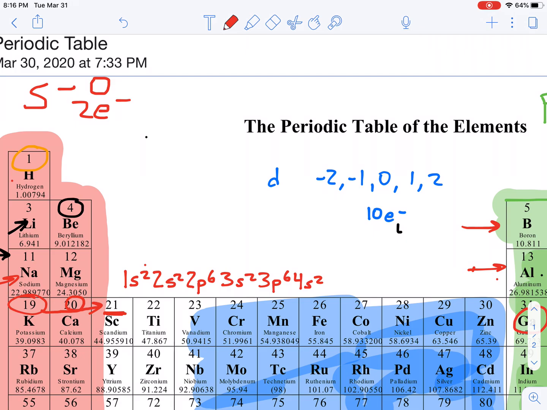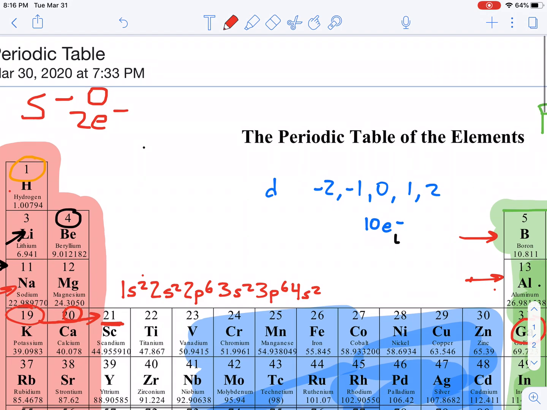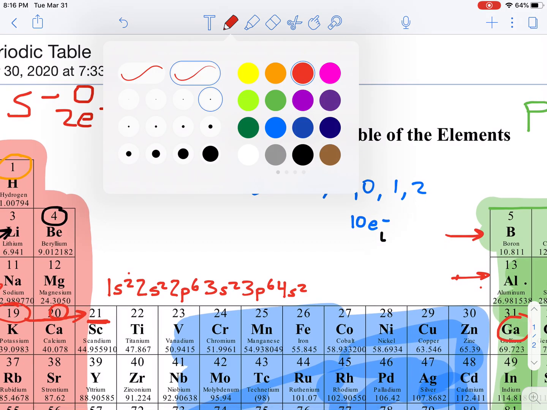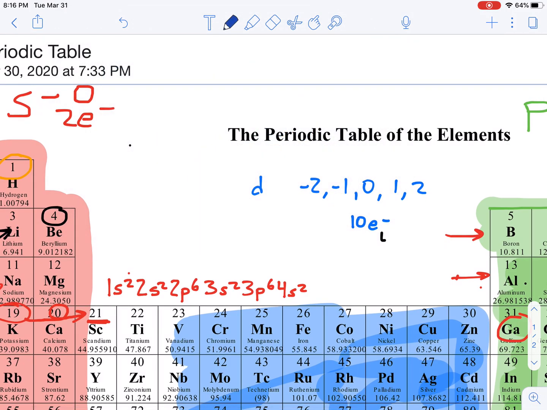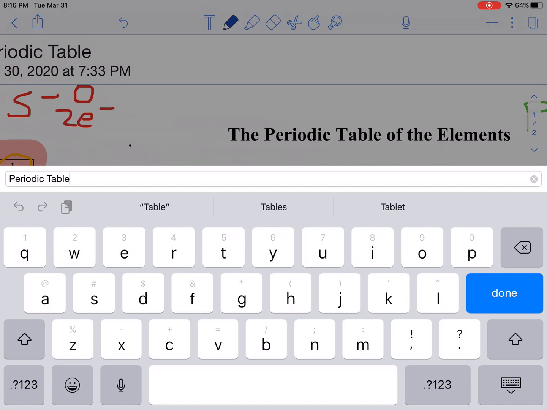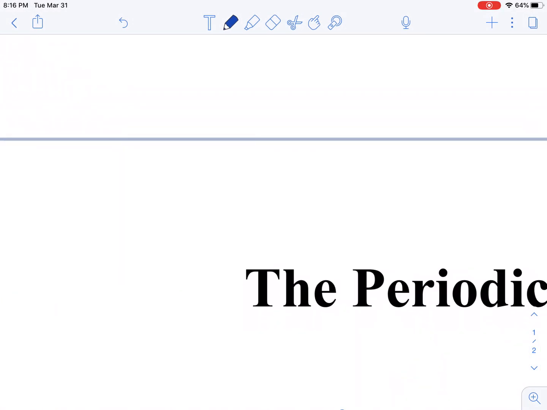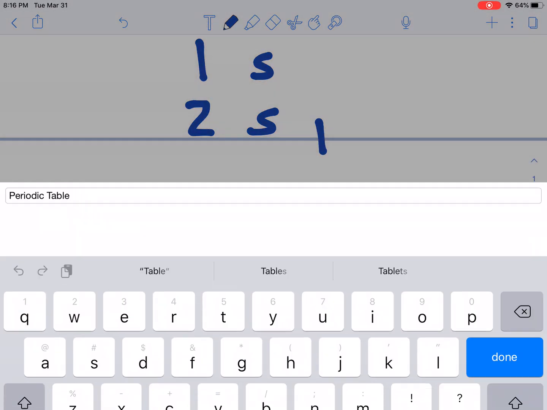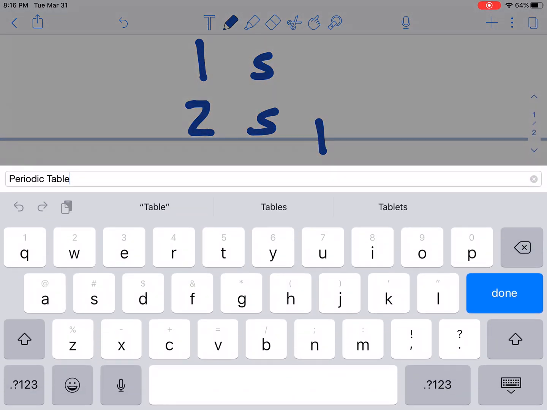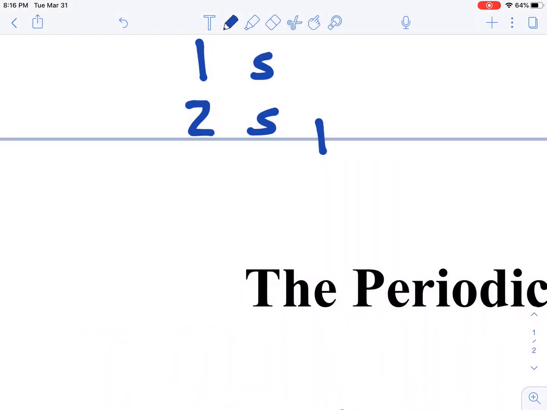But there's something really interesting that happens, right? Because, remember this progression. In the first energy level, there are only s sublevels. In the second energy level, there are s and p sublevels. Technology issues, my apologies.